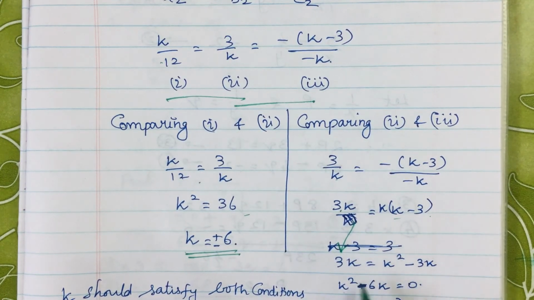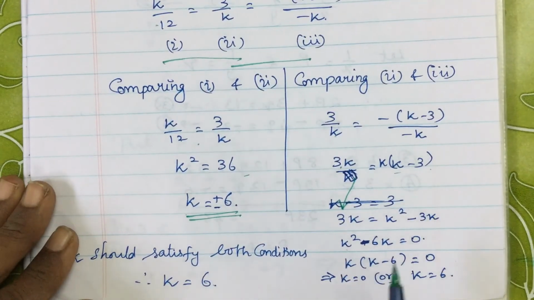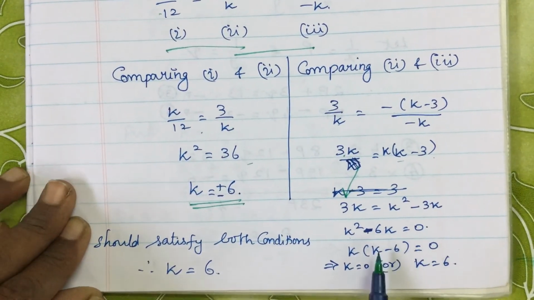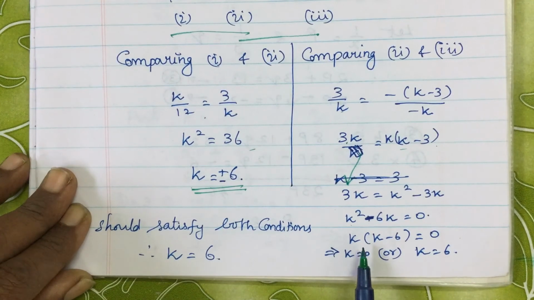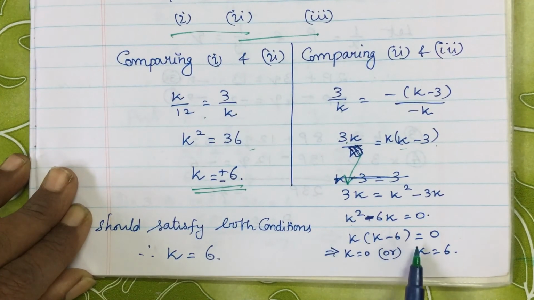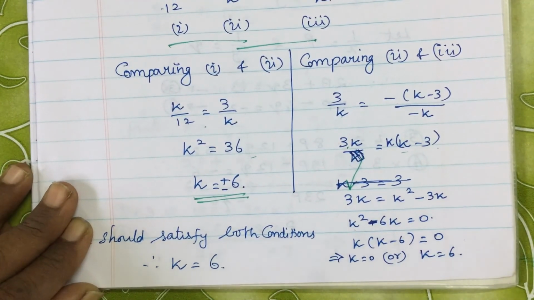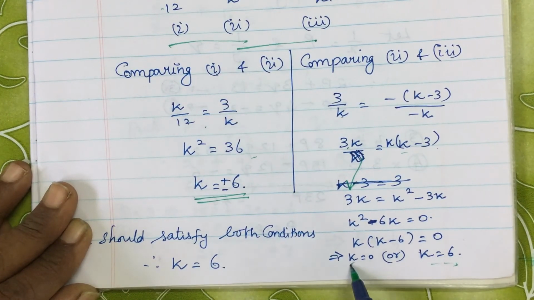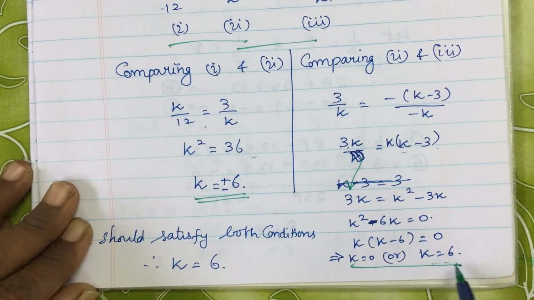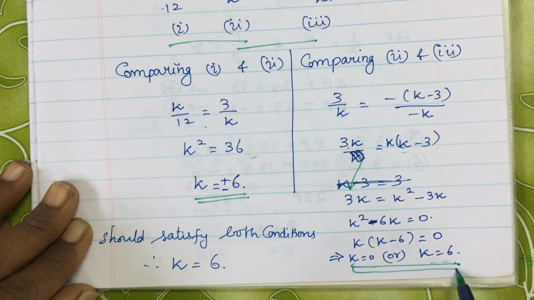Then you bring this 3k to the other side, so you will get k square minus 6k. Taking k common, k into (k minus 6) equal to 0. So k equals 0, or k equals 6. Here I have another set of two values for k.